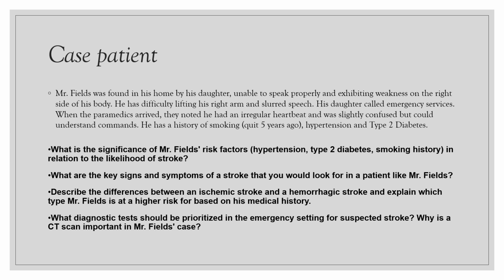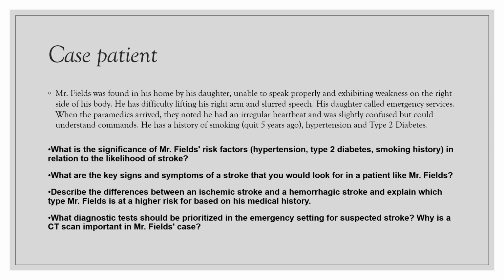We don't have an age for Mr. Fields, but we just know he quit 5 years ago, so he has a history of being a smoker. On top of that, hypertension. Remember, that's one of our top risk factors, is hypertension, as well as diabetes. So he definitely has some risk factors, multiple risk factors, that put him at a higher risk for stroke.